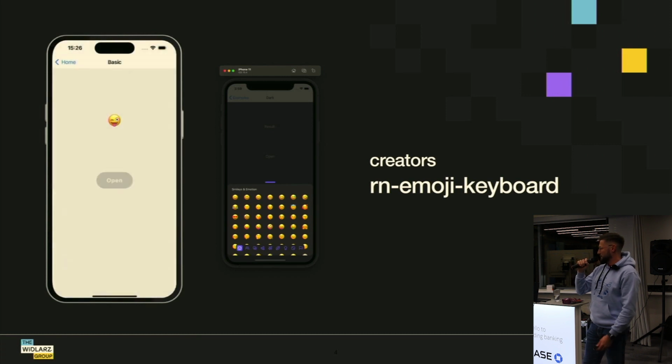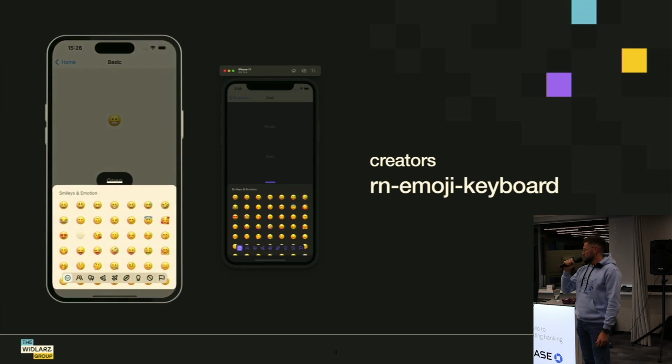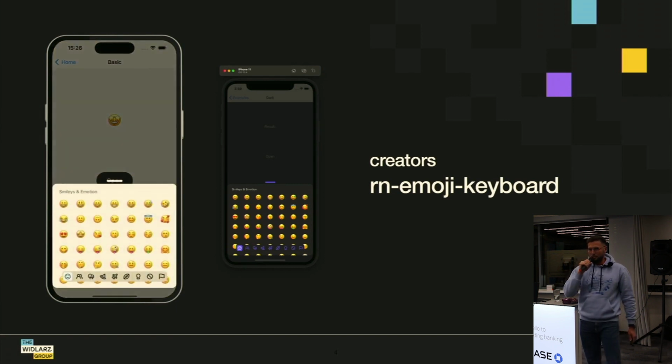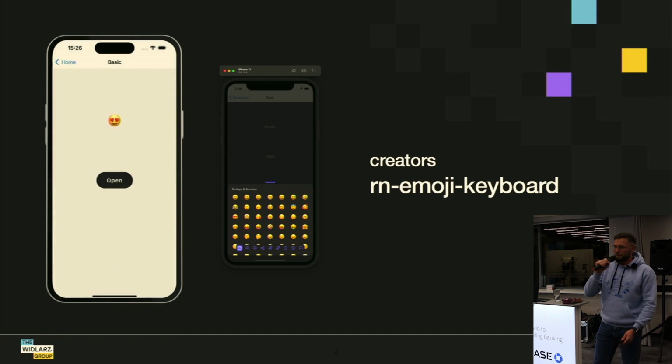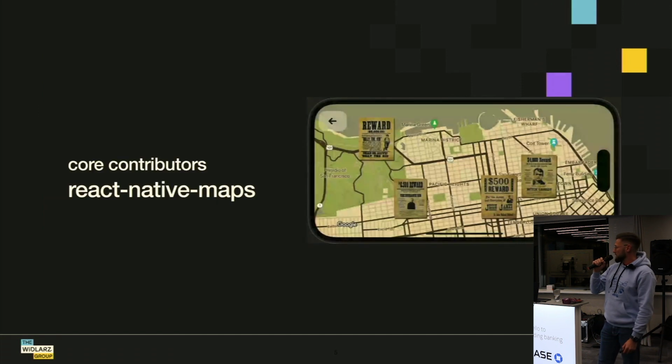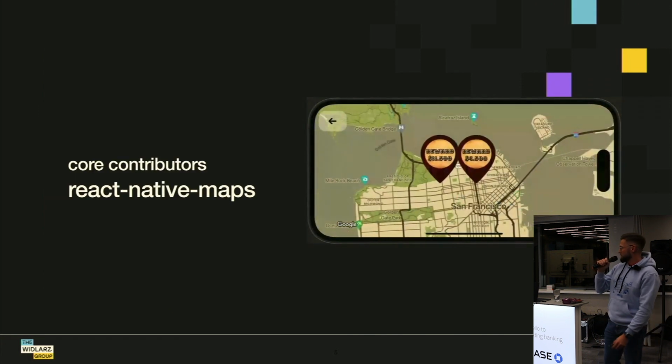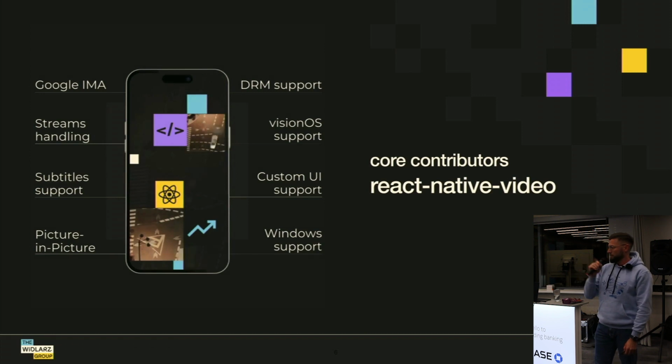It's something you might experience in other apps, but it's React Native and it works quite well. Not quite well, sorry, it's the best. We also maintain and contribute to React Native Maps and React Native Video. These two are quite common.